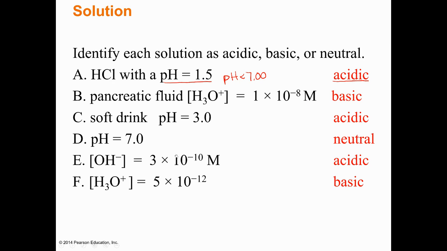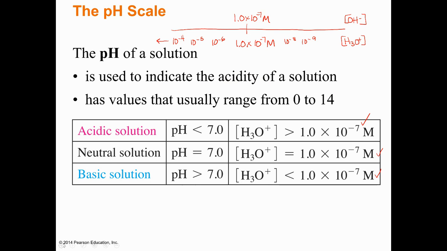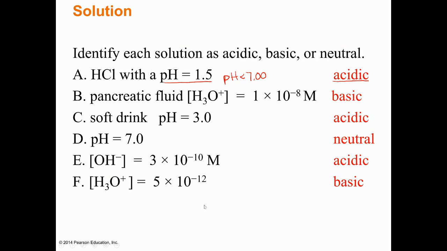Going back to my previous slide, 10 to the minus 8 is less than 10 to the minus 7, so that's going to put that into a basic solution. So that's basic. A soft drink is pH 3, so that's pH less than 7, so that is acidic. pH 7 is neutral.